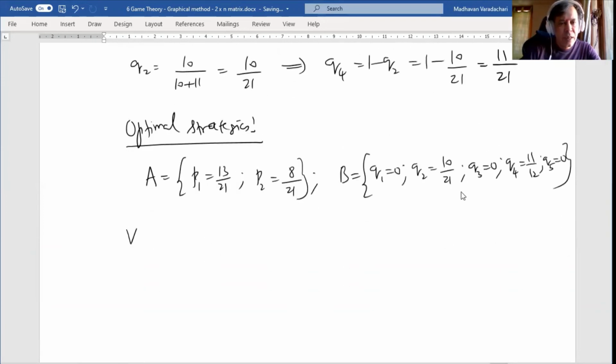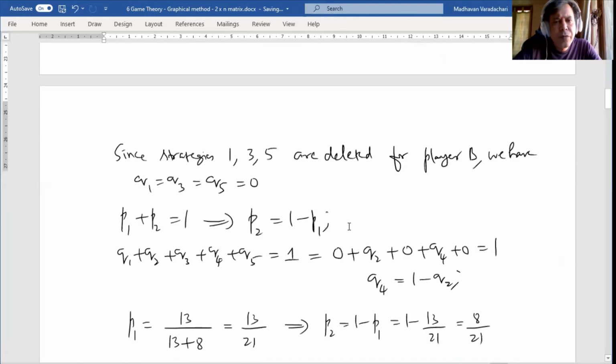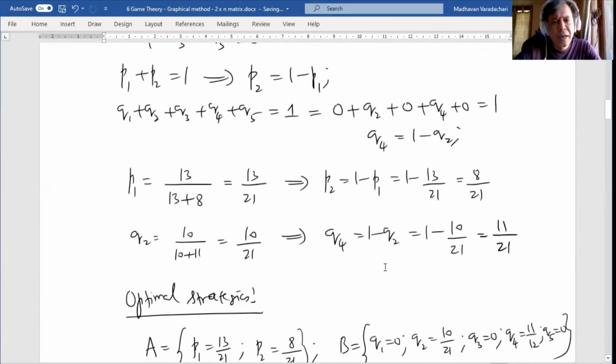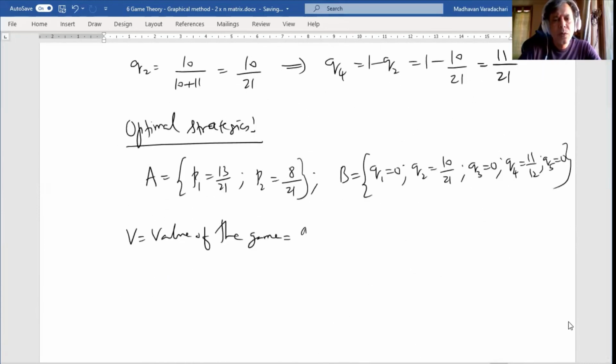Now we can find out the value of the game. We can write down the expected value function like this: 2 times P1 minus 9 times P2. So it is 2 times, what is P1? 13 by 21, minus 9 times 8 by 21.